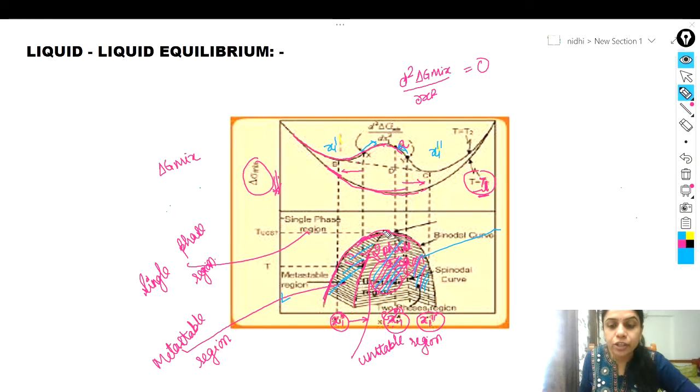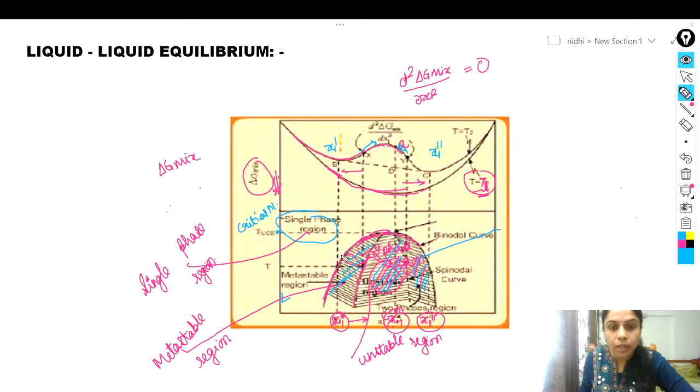And then the upper limit of the temperature up to which the two phase region is forming is known as the critical point. So this point is the critical point, and beyond this critical temperature we can have only a single phase region, only one phase will take place.